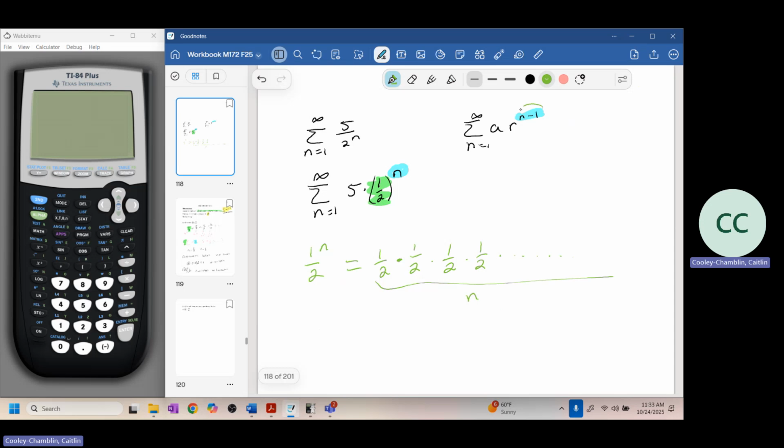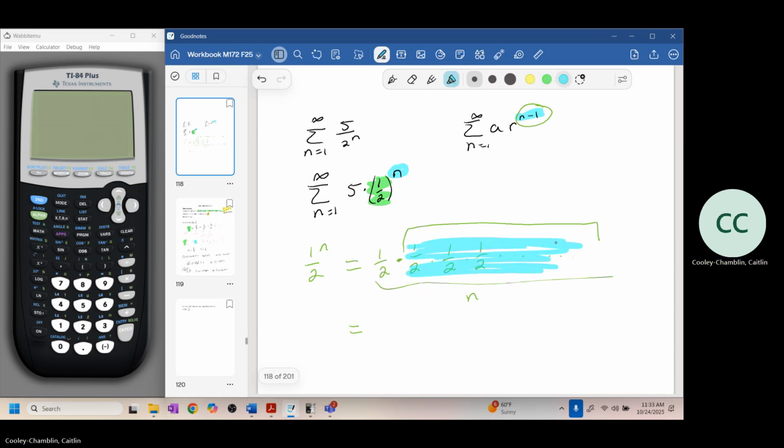If I want there to be only n minus 1 of them, what we can do is exclude one, and just look at the back halves of them. There are n minus 1 of them.